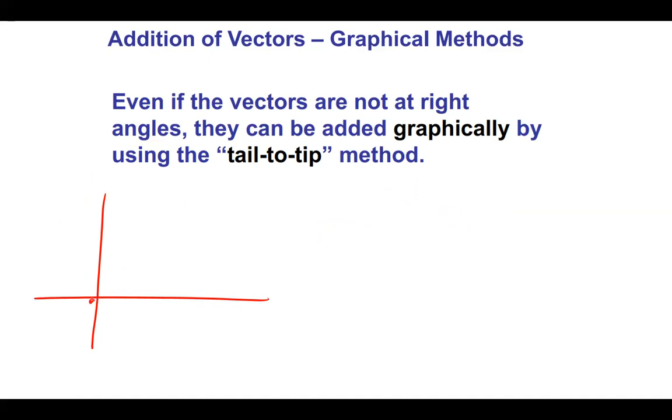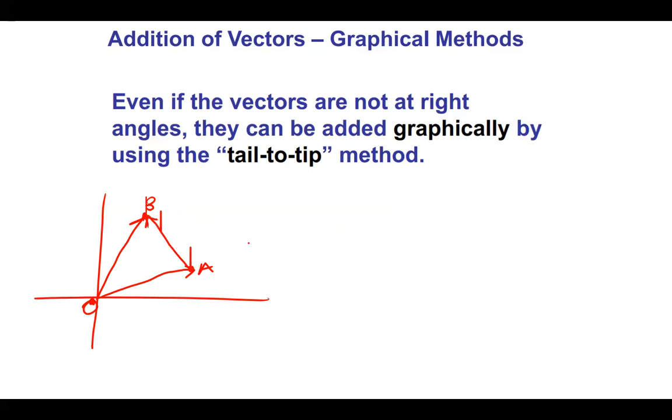If these are position vectors, you have the origin there, which is O. Then you have this vector OA, and then you also have OB. Then they ask you to find AB.